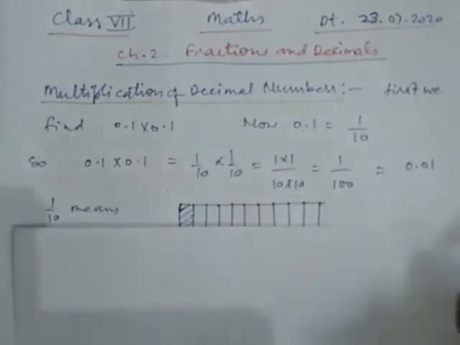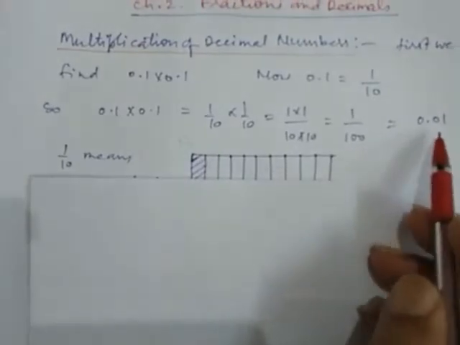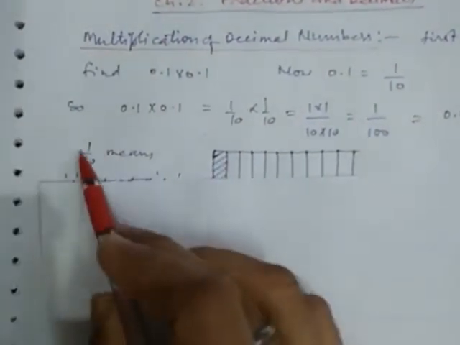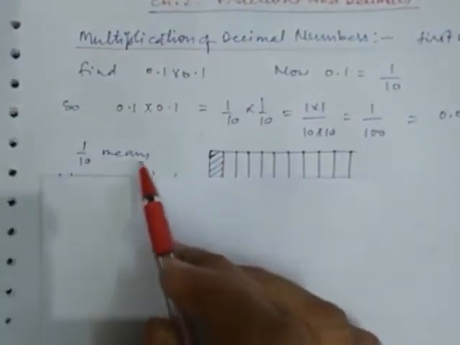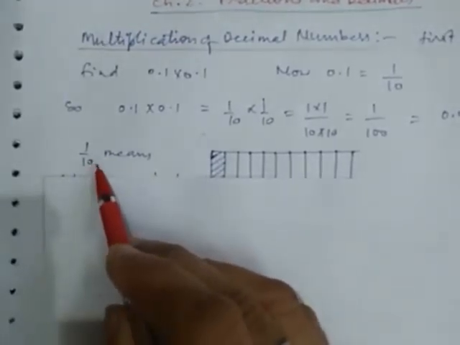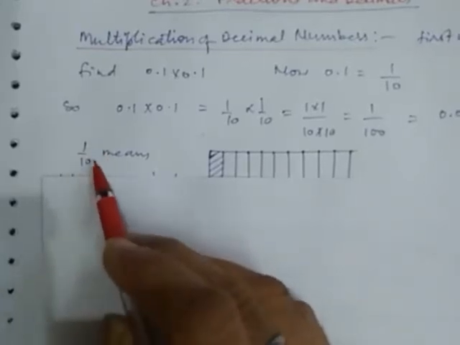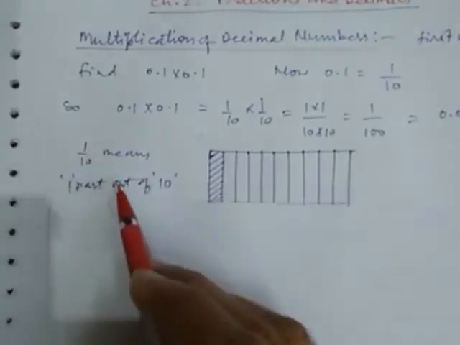But now we clear this. What is the meaning of 1 by 10? 1 by 10 means if we make 10 parts of a whole 1 and consider 1 part.